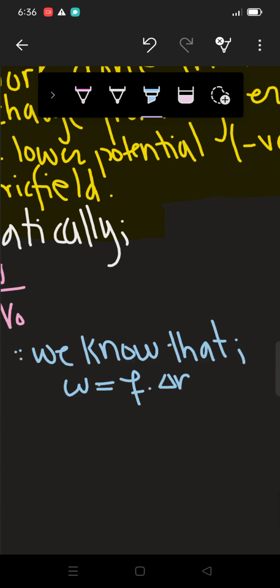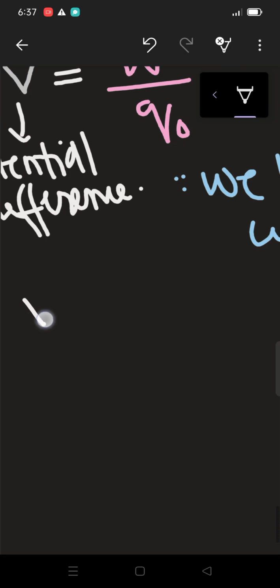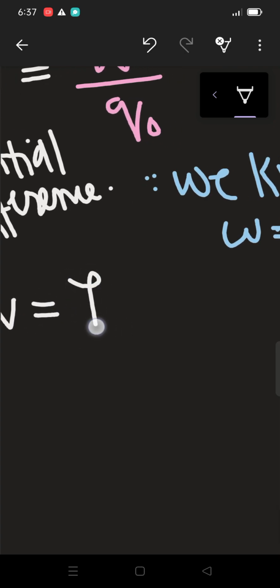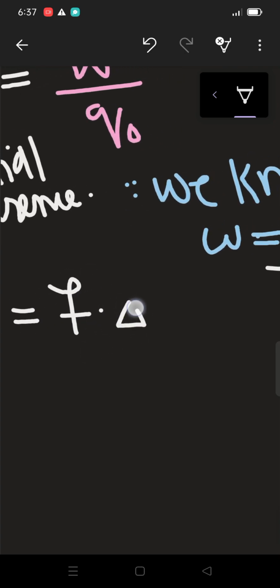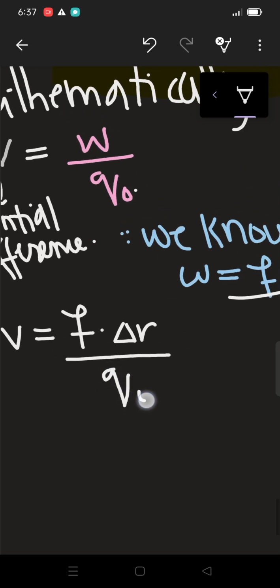When we remove the dot between these two quantities, we get cos theta, which shows the angle between the force and del R, the displacement. Now let's put this formula into the equation, which was W upon Q. So V is equal to the dot product of force and displacement upon Q, of course Q naught.